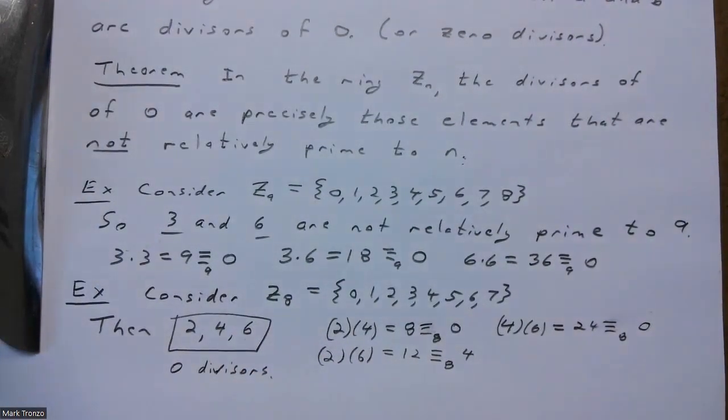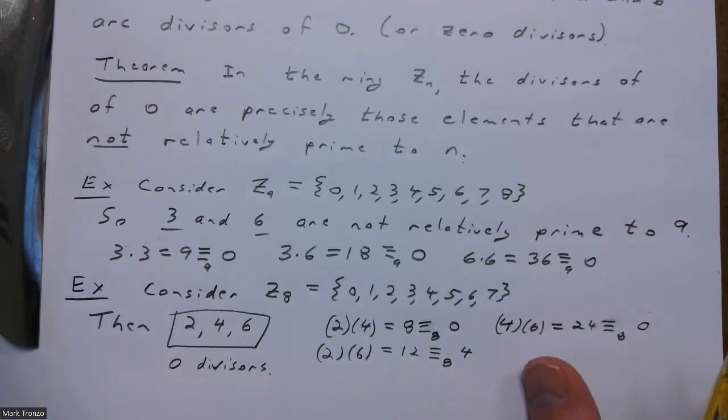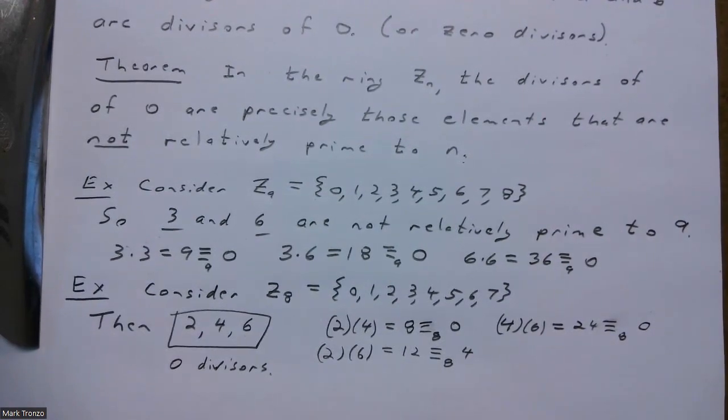Any questions on that? So again, it's any elements that, when you multiply two of them together, you end up with 0. Again, we're not used to this with real numbers, because with real numbers this never happens. If it did, we couldn't solve basic equations.